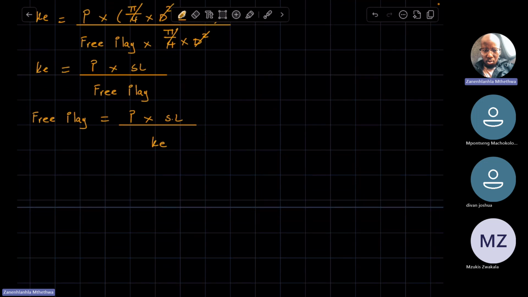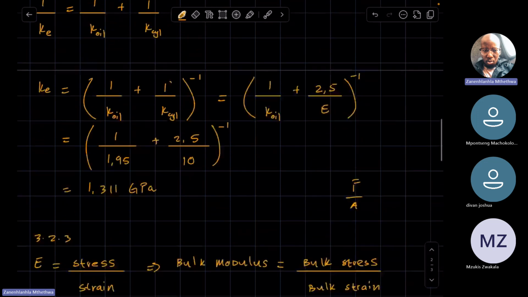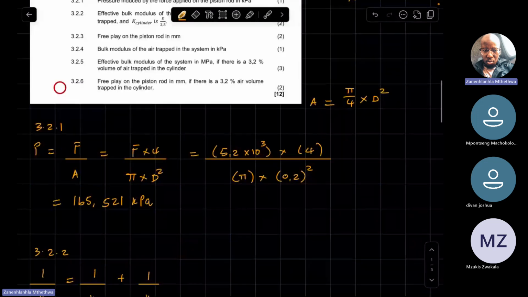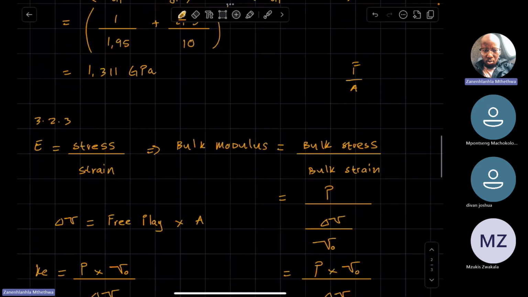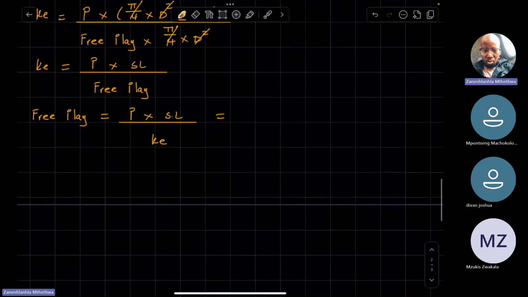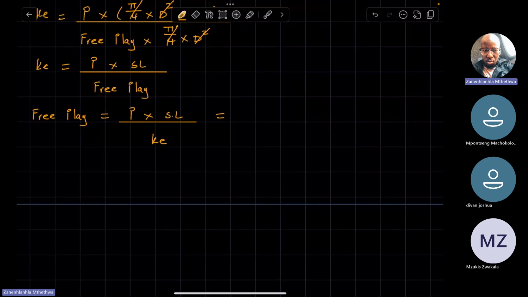And from here, you can simply substitute the pressure we calculated earlier and got the 165,521. Remember, that is in kilopascals, so we have to convert it to pascals.